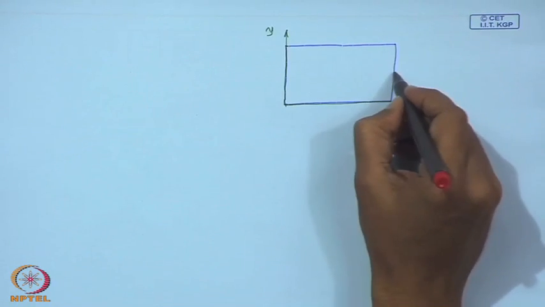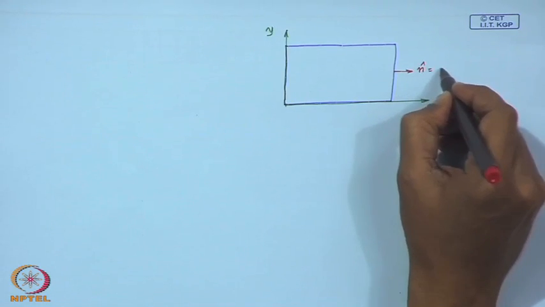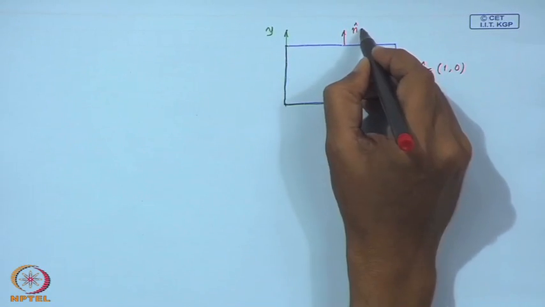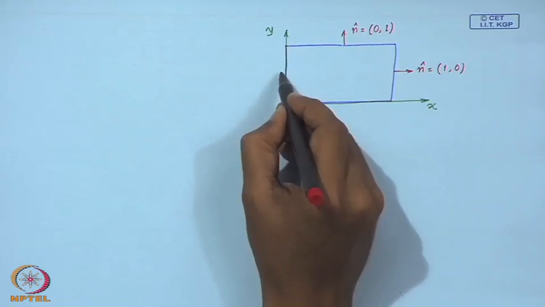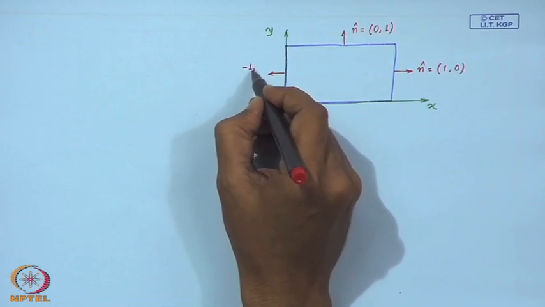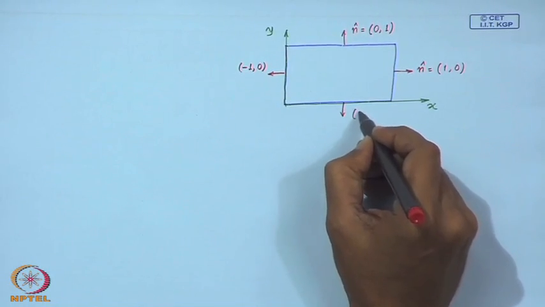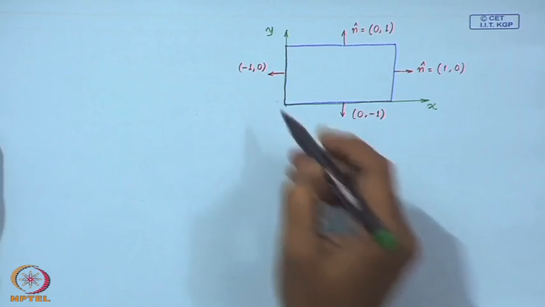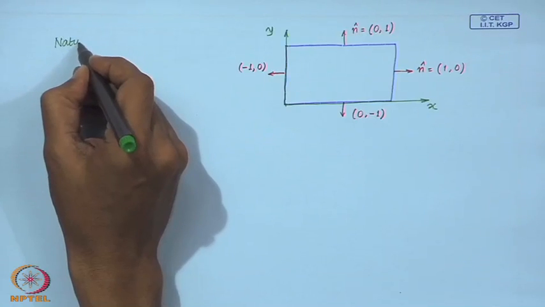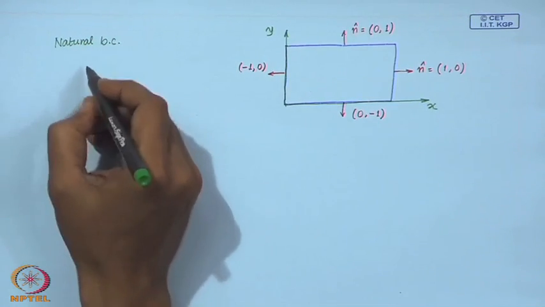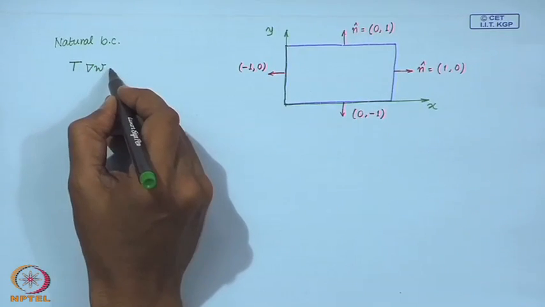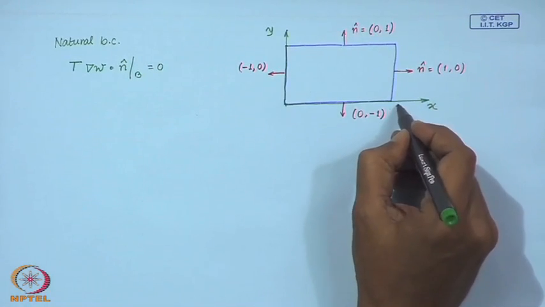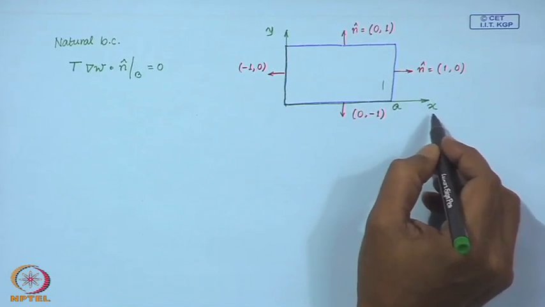So, the unit normal at the boundaries, let us say this. So, let us understand this the natural boundary condition which says, so, for example, at this boundary, at the right boundary at x equal to a.